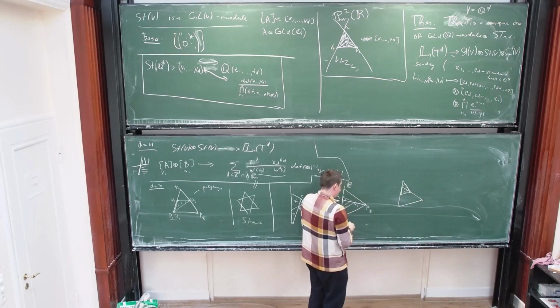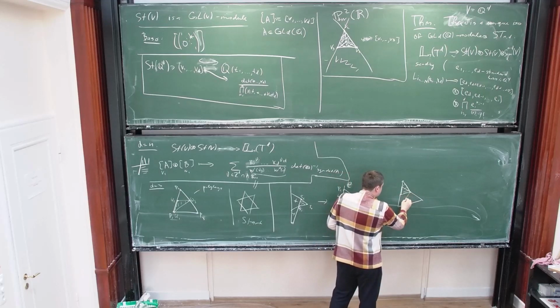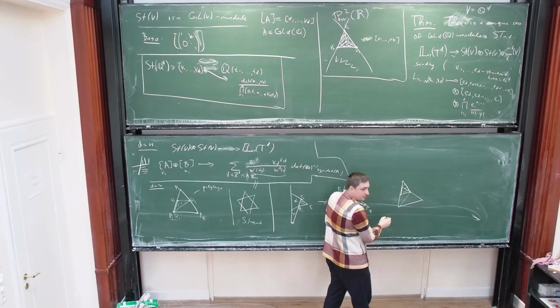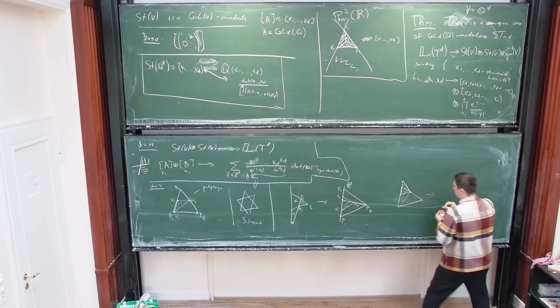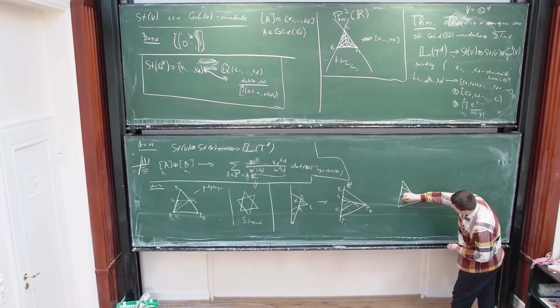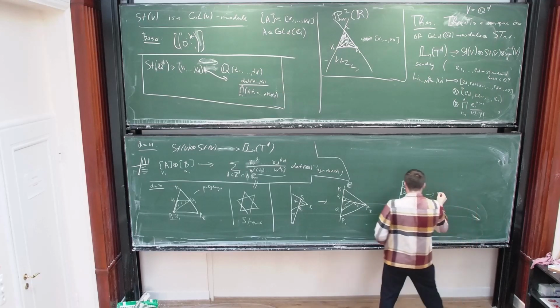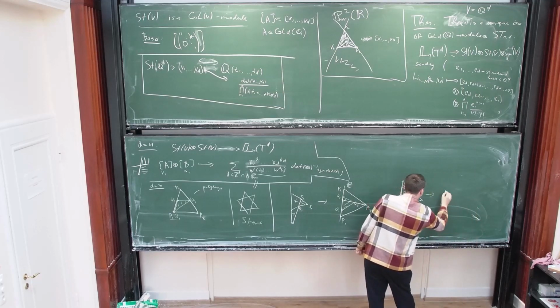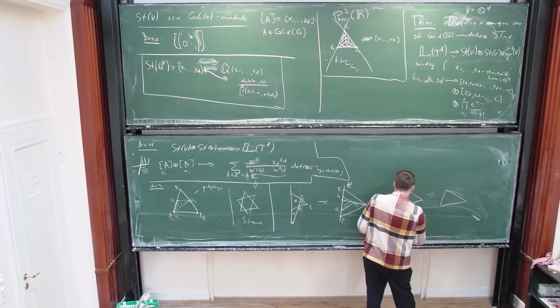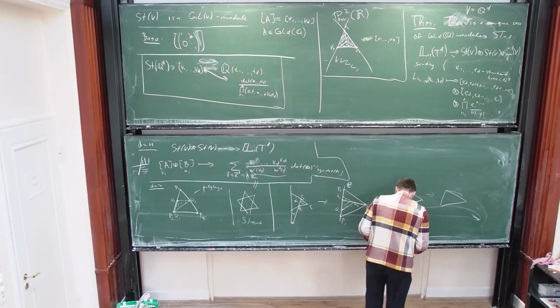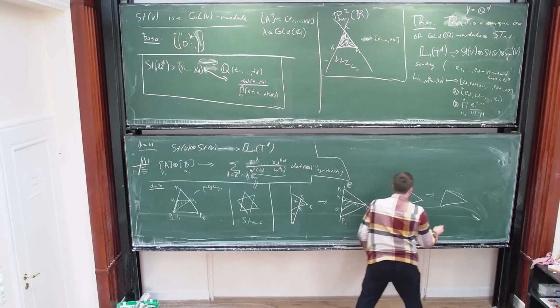And now I add this thing and subtract it, so plus and minus. So I get 2 pictures which are the way I want them, using these.